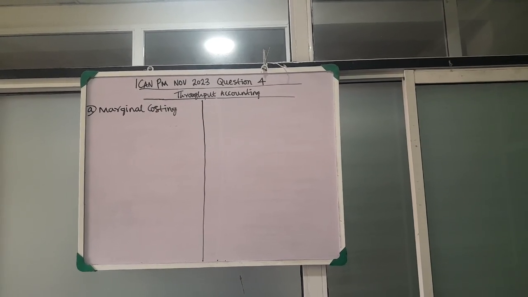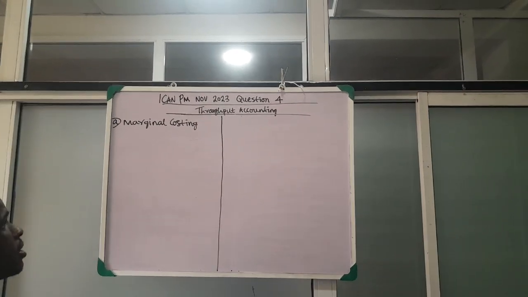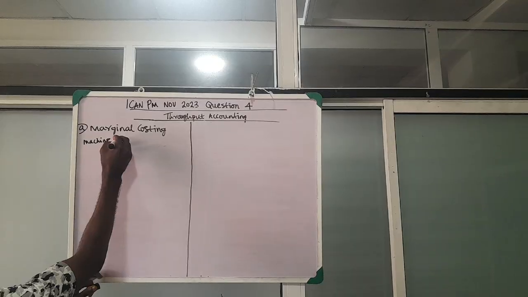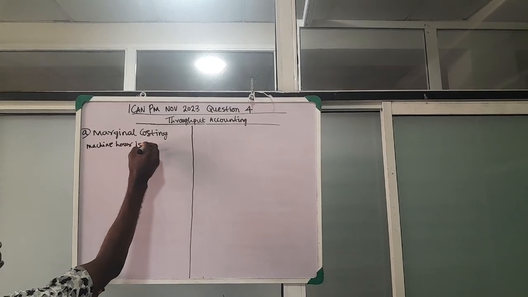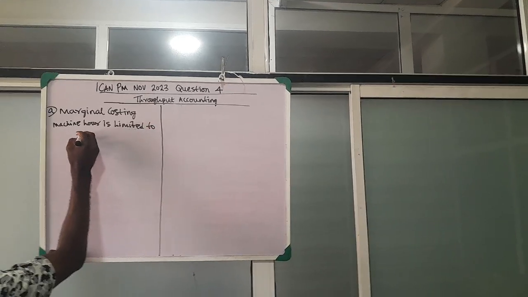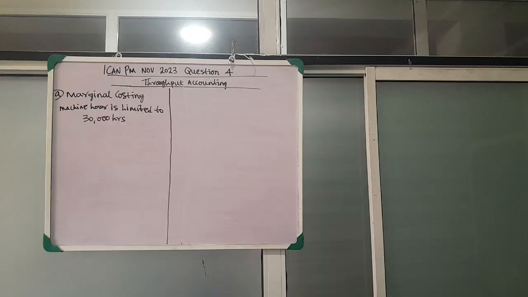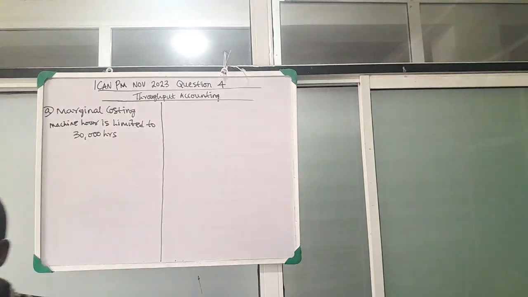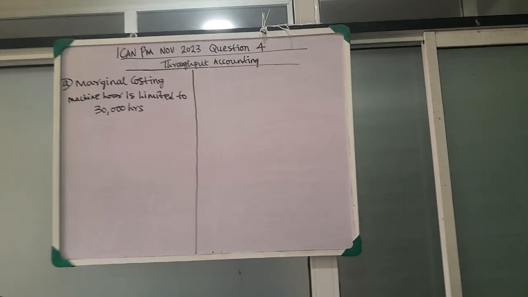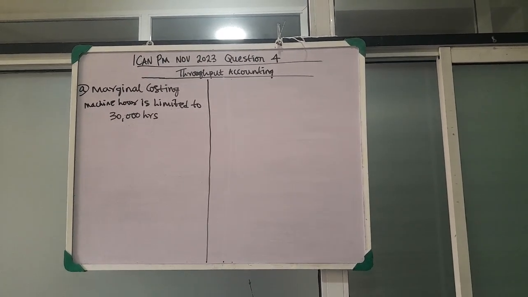Now, according to the question, they say availability of machine hours is limited to 30,000 hours. We'll find out, which is the first thing we are going to do, if machine hours is a limiting factor or a bottleneck based on the products we have here.